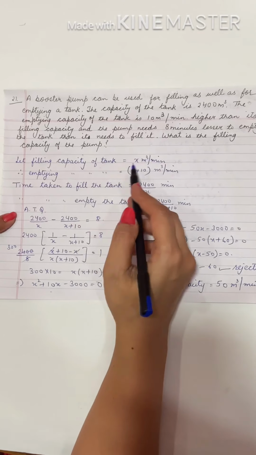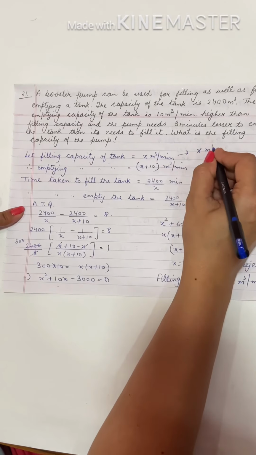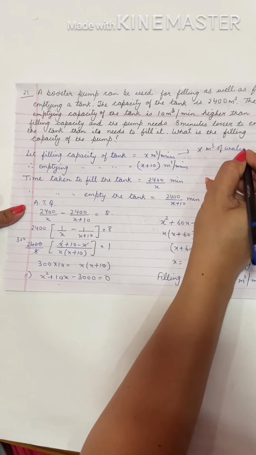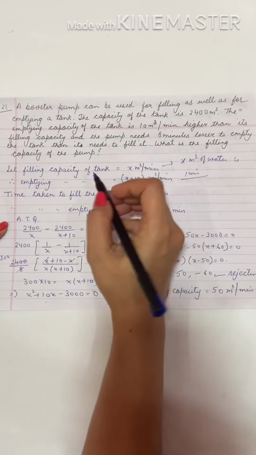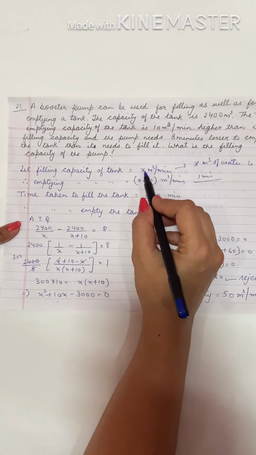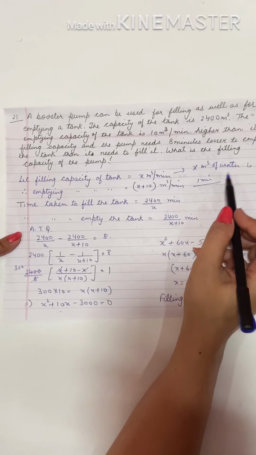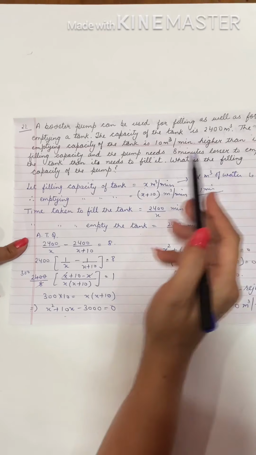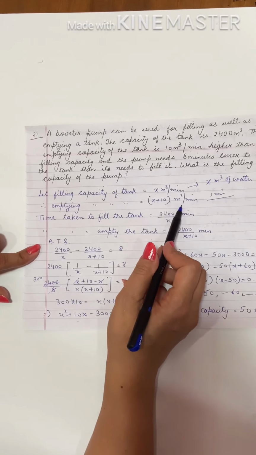Let's suppose it to be x cubic meter per minute. It means x cubic meter of water is filled in 1 minute. Now the emptying capacity of the tank will be x plus 10 cubic meter per minute.